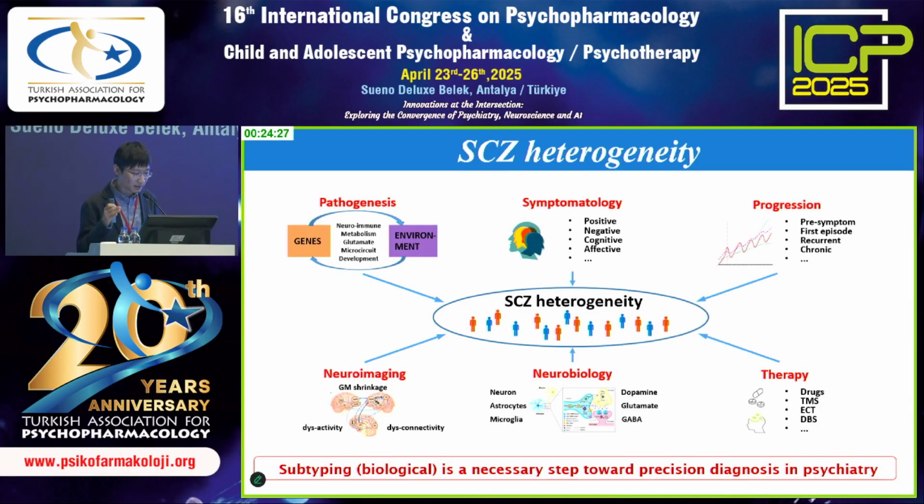That means this symptom-based diagnosis has a big difference across individuals diagnosed with schizophrenia in pathogenesis, symptoms, progression, neuroimaging, neurobiology, and therapy. So a biological subtyping may be a necessary step towards brain-based diagnosis in psychiatry.